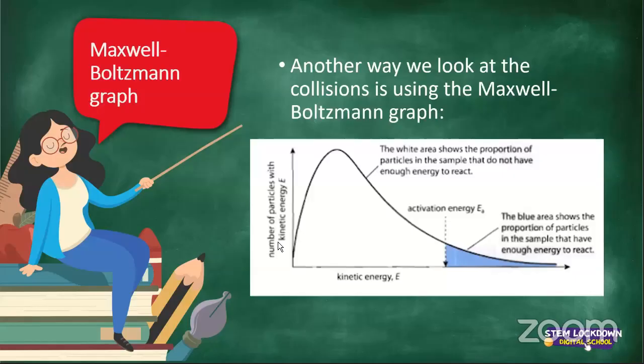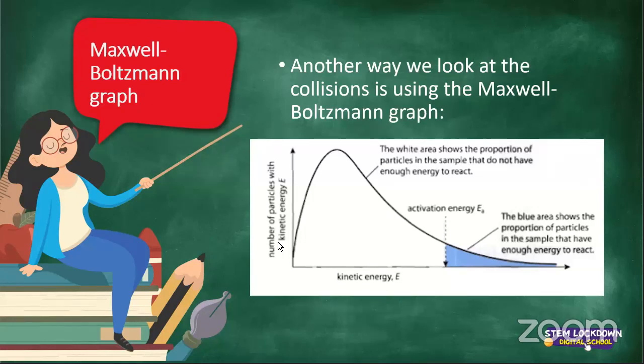Okay, so then another way that we represent this is called your Maxwell-Boltzmann graph. And what it shows you is your number of particles, it gives you a curve, and then your x-axis is your kinetic energy, whereas your y-axis represents the number of particles.